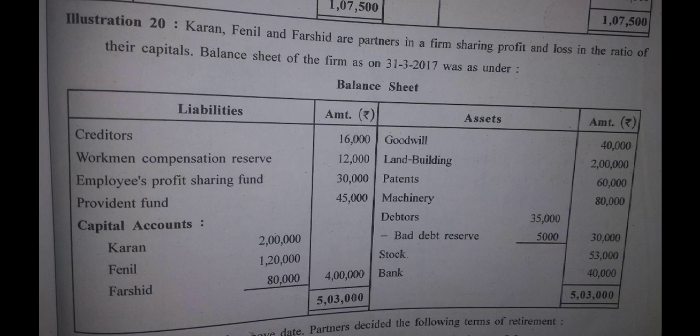So 2 lakh, 1,20,000 and 80,000. What do they have in common? The 4 zeros. So the 4 zeros will be removed. What remains is 20, then 12 and then 8. They appear in the table of 4, all the 3. So the ratio will be 5:3:2.